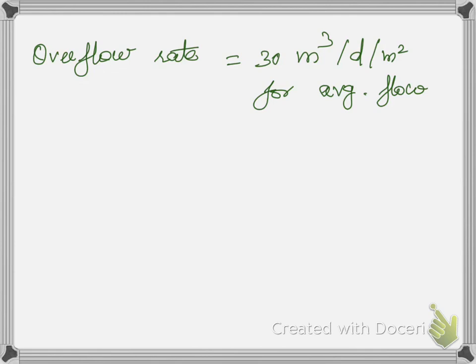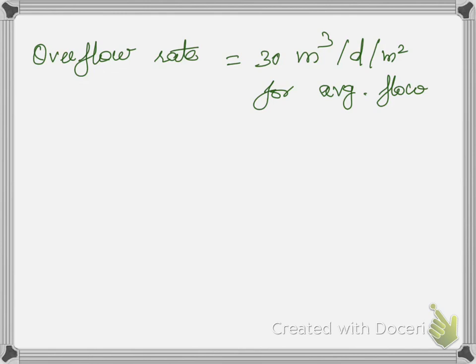It is used to determine whether the sedimentation tank is over or underloaded, that is, whether we are loading the tank highly or very little. So that is determined by the overflow rate.